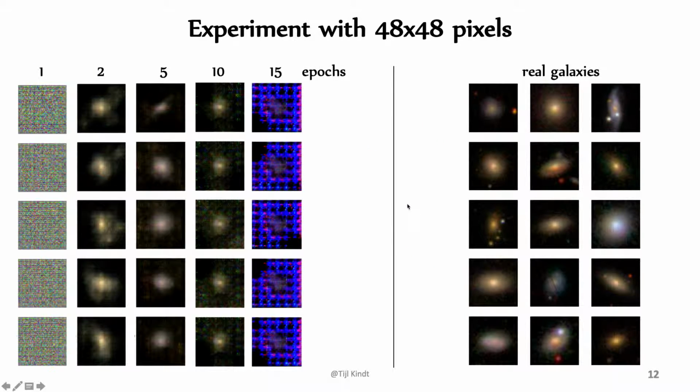But then when I go to 48 by 48 pixels, things didn't go so well. What you can see here is that the images it's generating are quite uniform. So it's always outputting the same kind of image. It changes from epoch to epoch, but they're all the same.